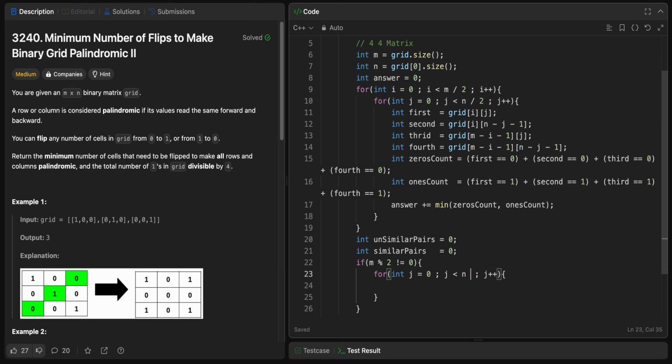Here again, n is not needed, n by 2 is only needed, because for checking the palindromic sequence we only iterate till the half part of it.